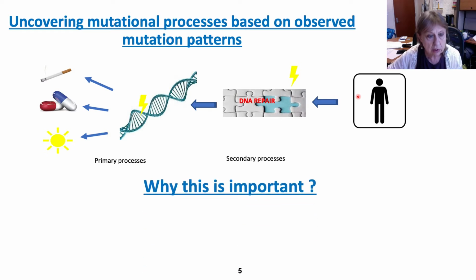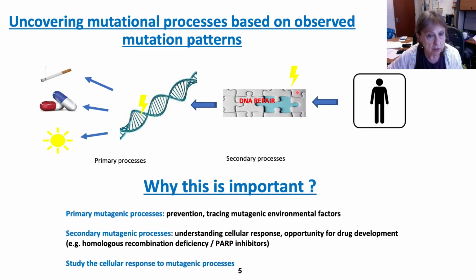Why is this important? Well, first of all, understanding which primary processes may have contributed to the mutational landscape of an individual is important for prevention, and for tracing such environmental factors and understanding which environmental factor may be influencing a particular group of patients. Secondary processes, that is, the processes related to DNA repair, are important to understand as it provides opportunity for drug development.